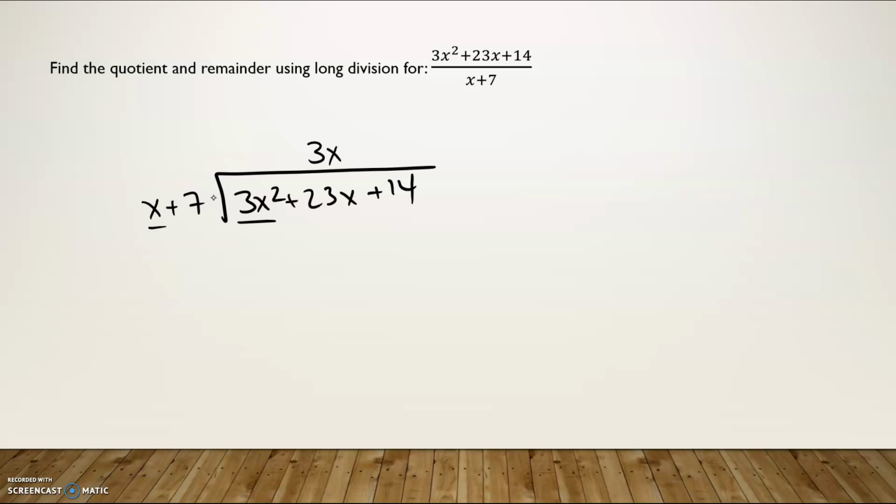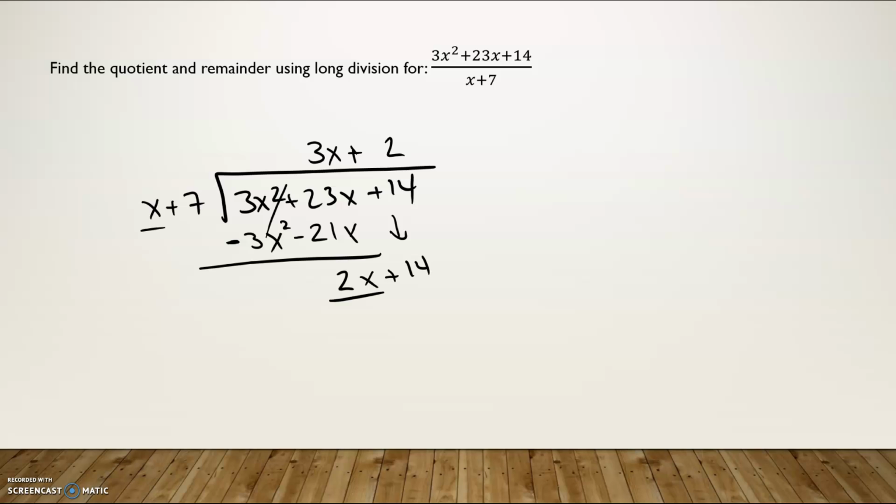So 3x, and then 3x times 7 is 21x, and 3x squared. Then we'll change the signs. That will become a negative. That will become negative. Goes away, and that will be 2x. Bring down the 14. Get these two the same, so plus 2.